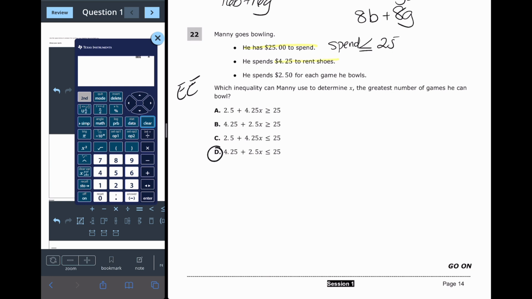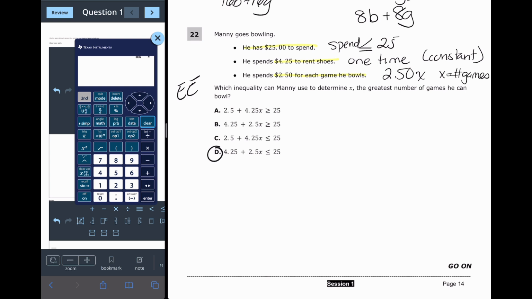It's $4.25 to rent shoes, and we know that only happens one time. So it's a constant. And for every game, he spends $2.50. So 2.50x, where x is equal to the number of games.